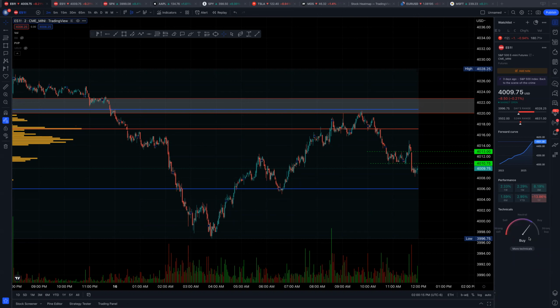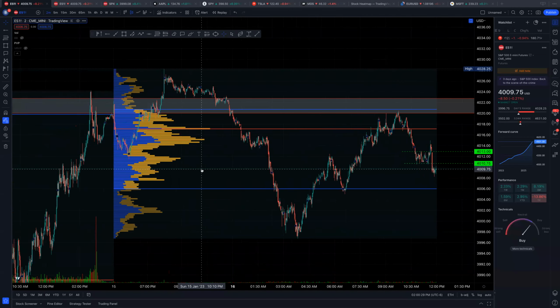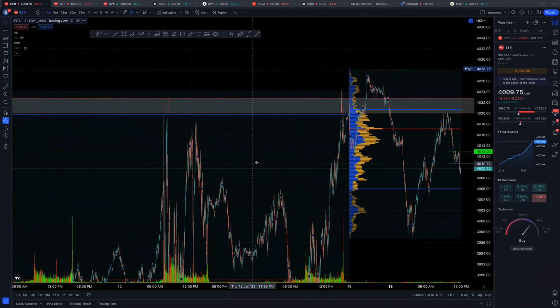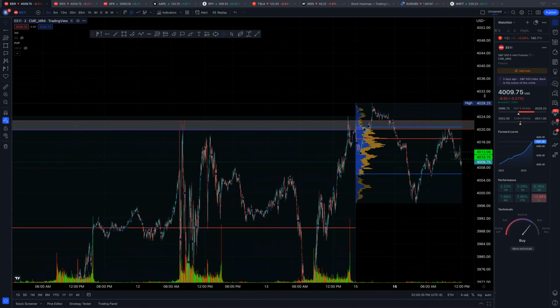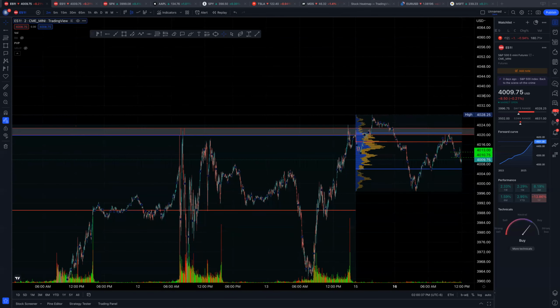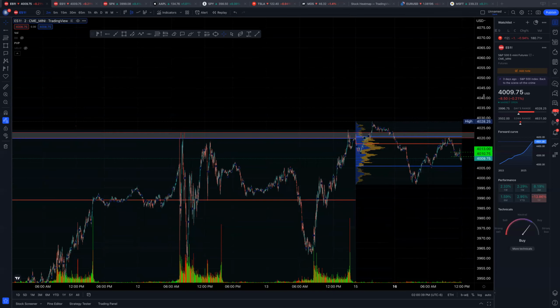But of course, you need to check on the volume profiles if there are any major levels that we should be concerned about, from past points of control or high volume nodes or stuff like that.